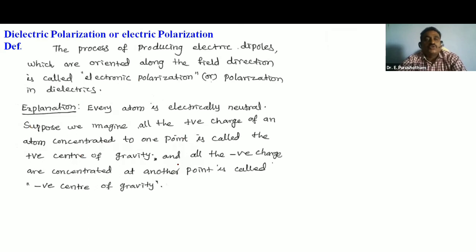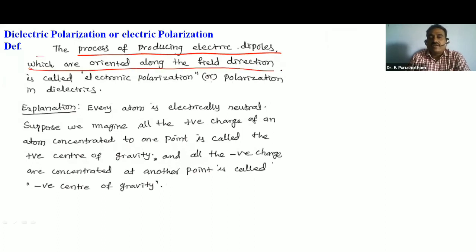You can observe here the definition of dielectric polarization. The process of producing electric dipoles which are oriented along the field direction is called electric polarization, or polarization in dielectrics.